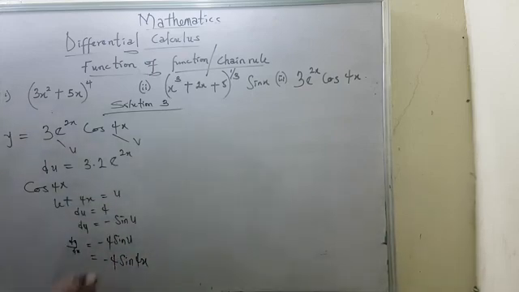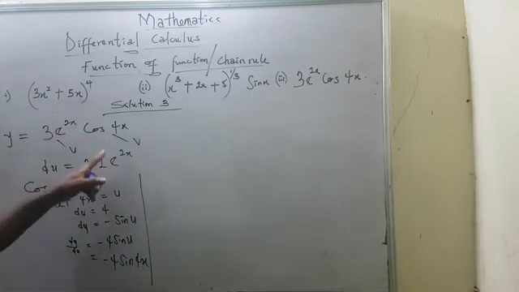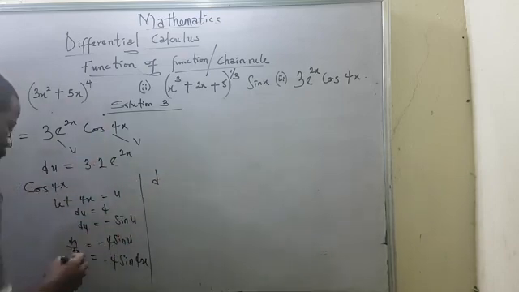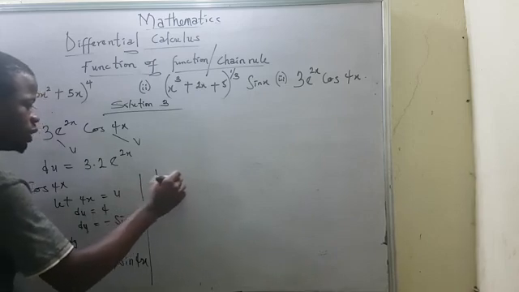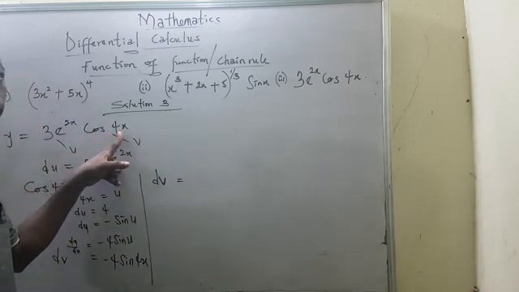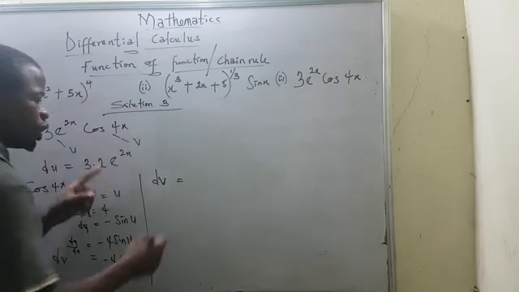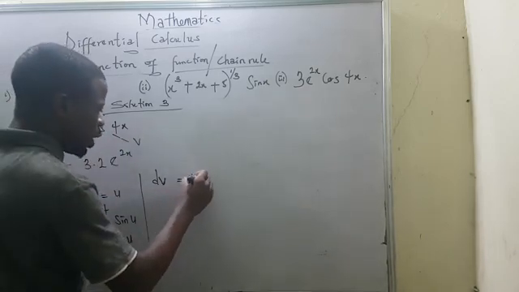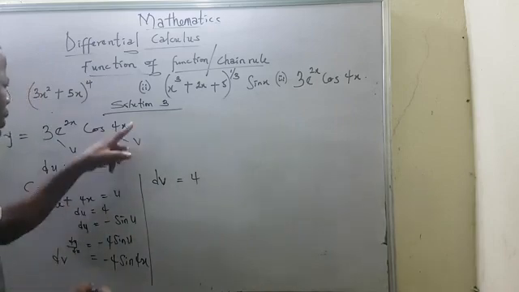You get? Alternatively, you can just do it this way. Look at the function. We are looking for the dv/dx, right? So you can say dv can be, pick the core, which is 4x. Differentiate 4x, you have 4. Then you pick everything together.